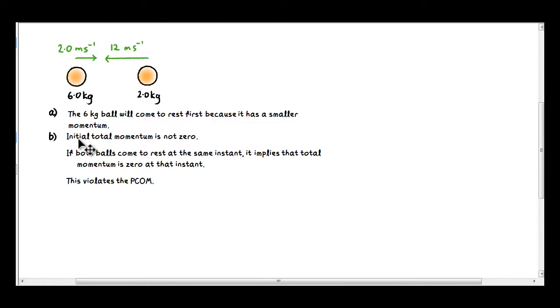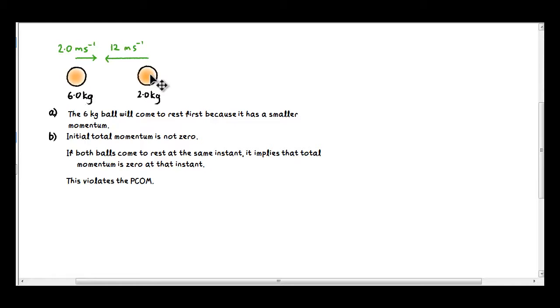For part B, we notice that the initial total momentum is not zero. We started out with a total momentum of positive 12 plus negative 24. So the total initial momentum is negative 12 kg meter per second leftward.